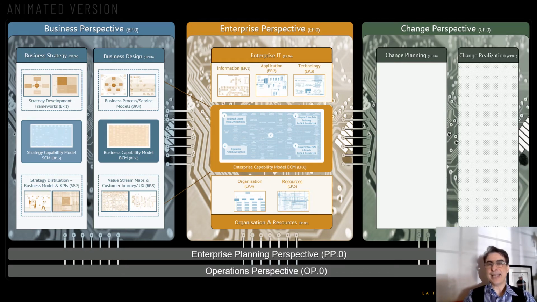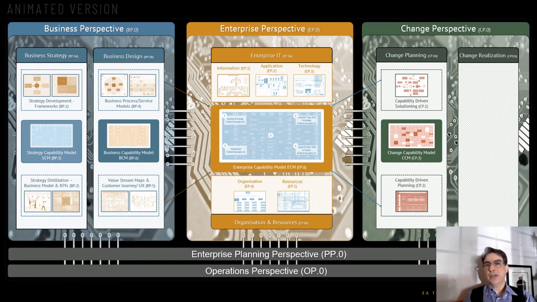So we will look now, for every business capability, at its technology profile, organization, resourcing, and planning profile, and based on that we can do exercises such as heat mapping for every capability to see how important it might be for us or not. And based on that, we create our change capability model, right?